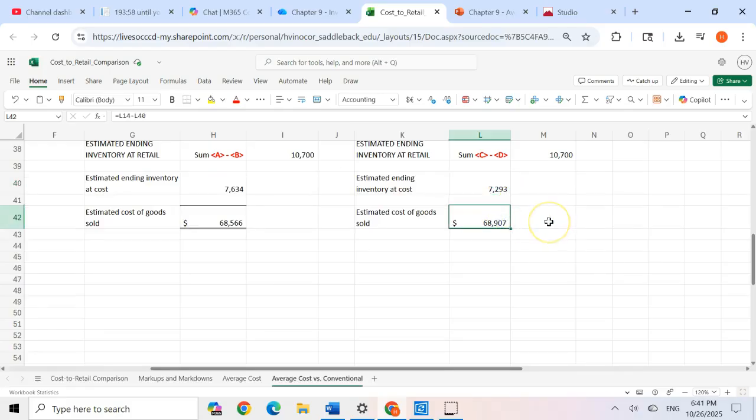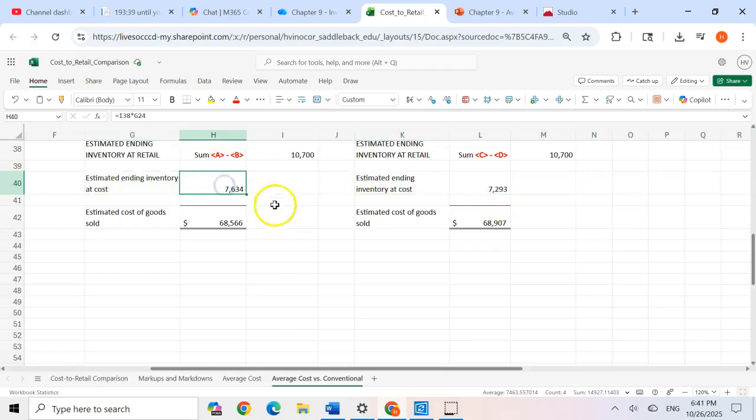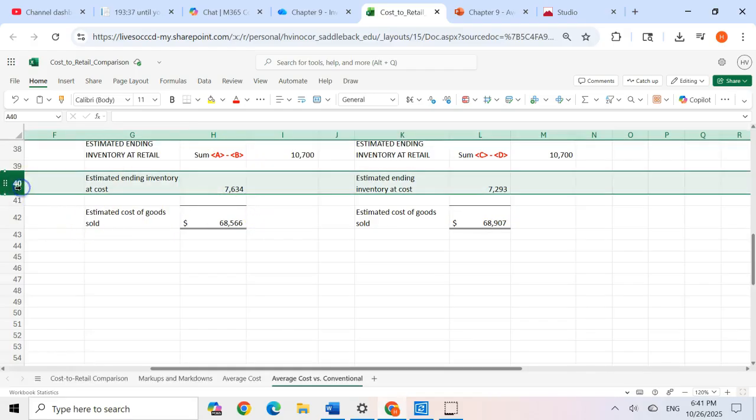And therefore we can calculate the estimated cost of goods sold. I want to focus right here on the estimated ending inventory cost. You'll see that the inventory at cost using the conventional method is $7,293, which is lower than the $7,634.